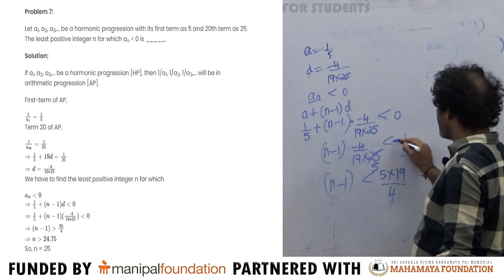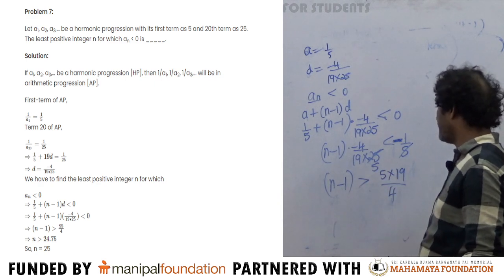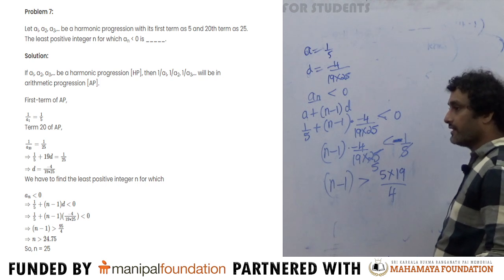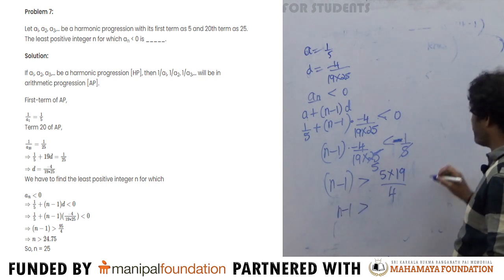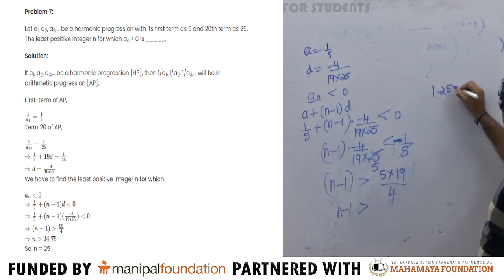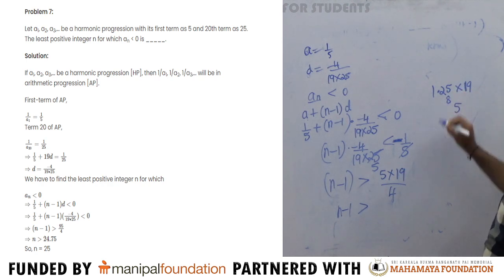When you have a minus sign, what is less than becomes greater than if you're making it plus, right? So is n minus 1 greater than 5 by 4, which is 1.25, into 19. 19 fives are 95, 19 twos are 38 plus 9 is 47.